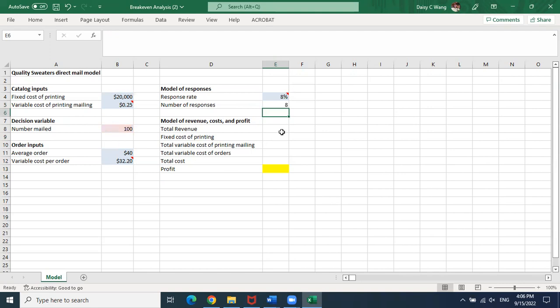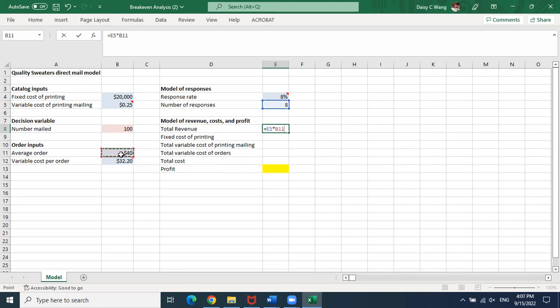Then the total revenue will be whoever responds. They will place an order, so the number of orders we get is the number of responses, times, on average, $40 per order.